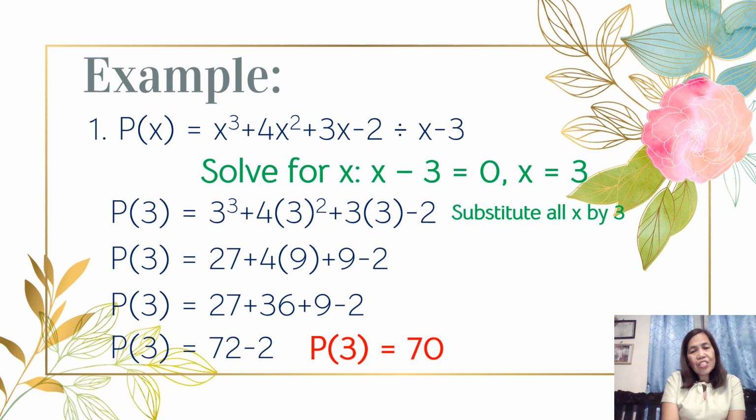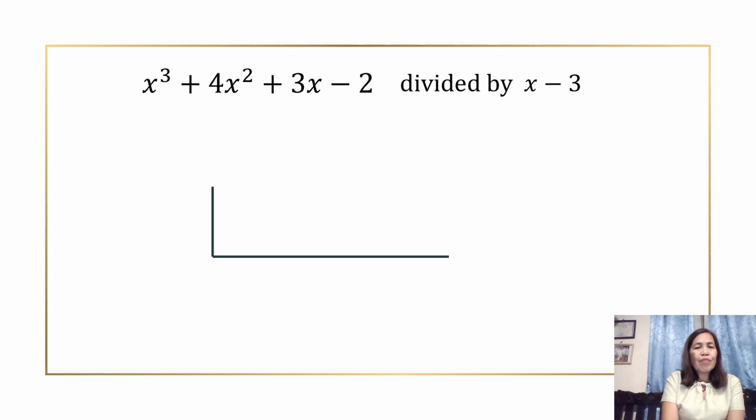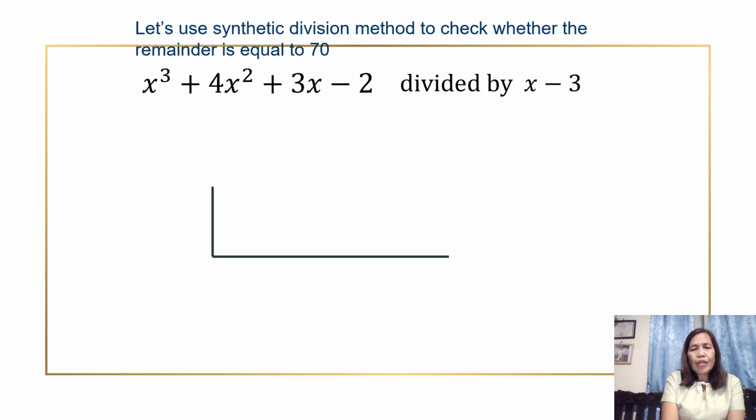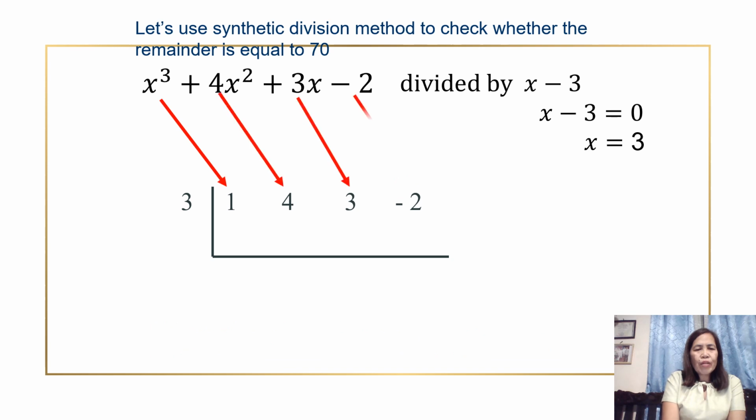Now, let's see if the remainder is also 70 if we will use synthetic division method. Okay, so ganun pa rin ang gagawin. Solve for x. X minus 3 equals 0. X is equal to 3. Ilagay siya dyan. Then, baba na yung mga coefficients. So, meron tayong 1, 4, 3, negative 2.